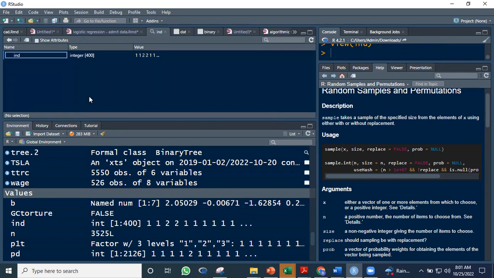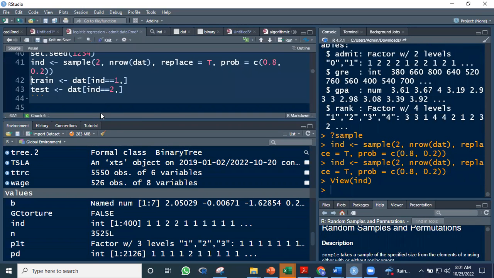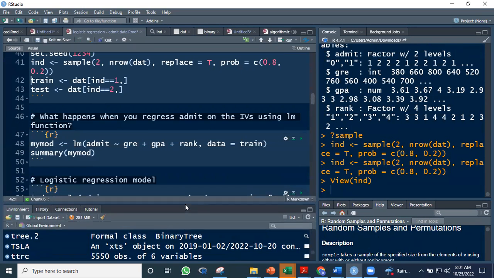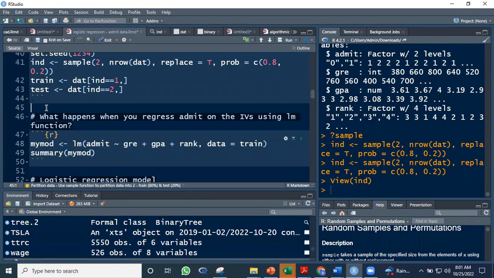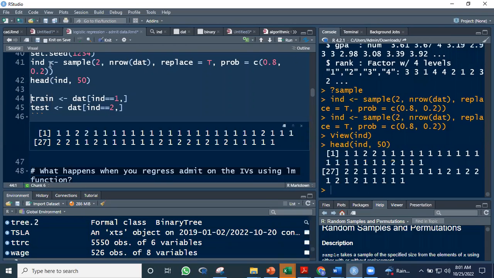Okay. Oops. Hindi siya napiprint. Dito na lang. Okay, let me print the first 50. Head ng ind, first 50.